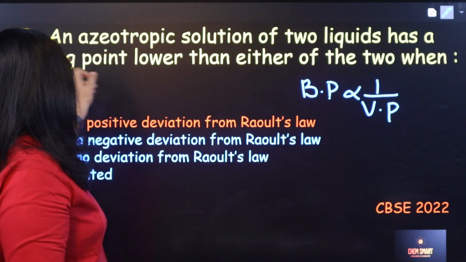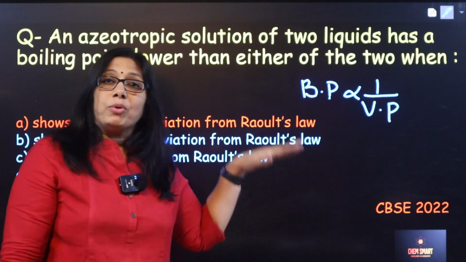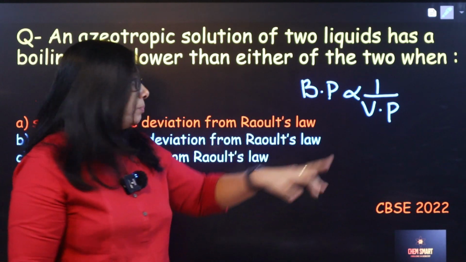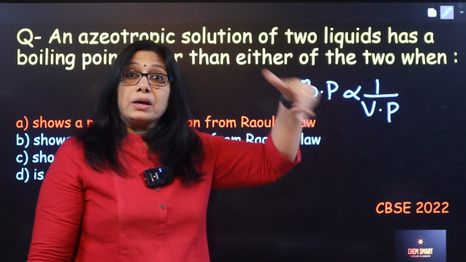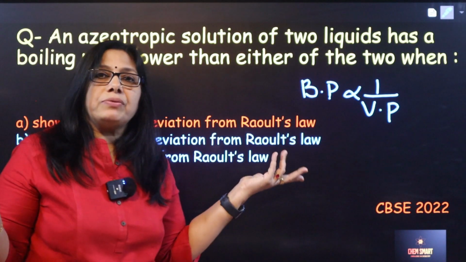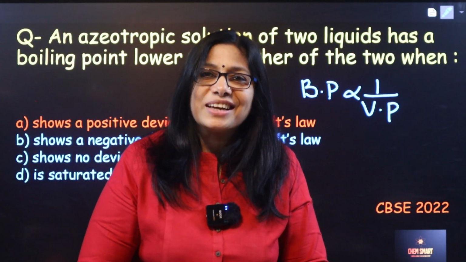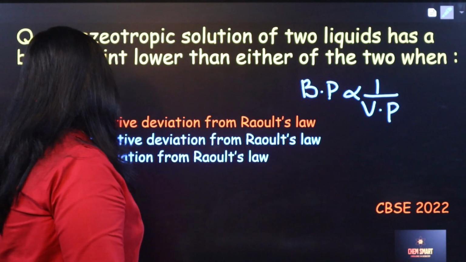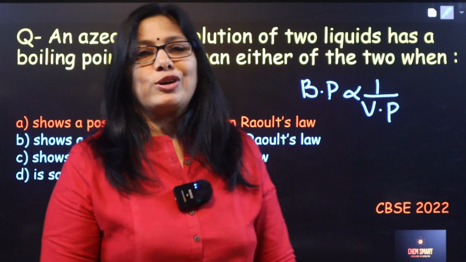So here it is written boiling point is lower for the azeotrope. Boiling point is lower means what? When boiling point is lower, vapor pressure will be higher. Vapor pressure higher means what? Positive deviation from Raoult's law. Large positive deviation from Raoult's law. So the answer is, it shows a positive deviation from Raoult's law.